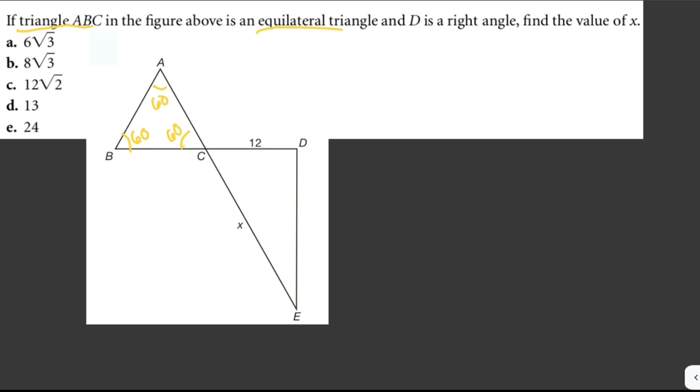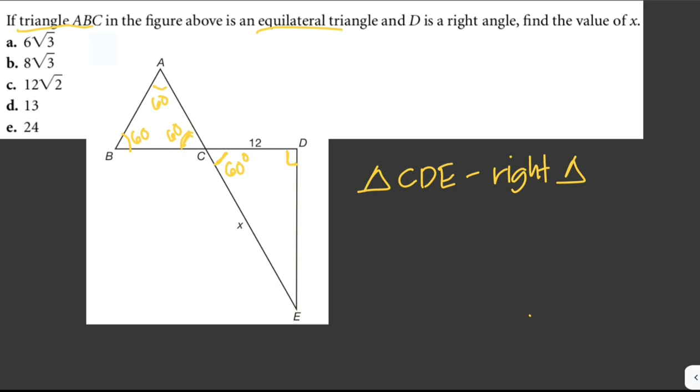And angles ACB and DCE are vertical angles, therefore they are congruent, so DCE is also equal to 60 degrees. Angle D, or CDE, is a right angle, therefore triangle CDE is a right triangle.